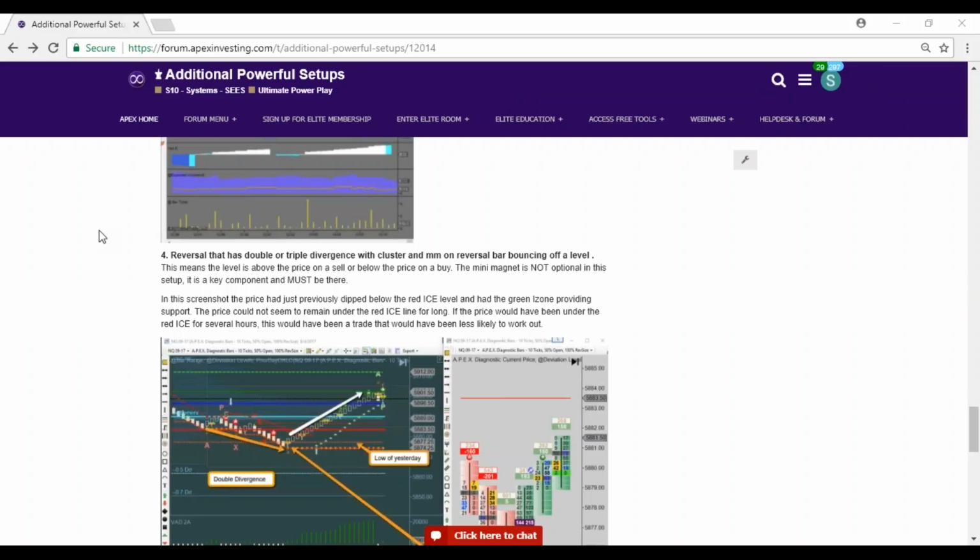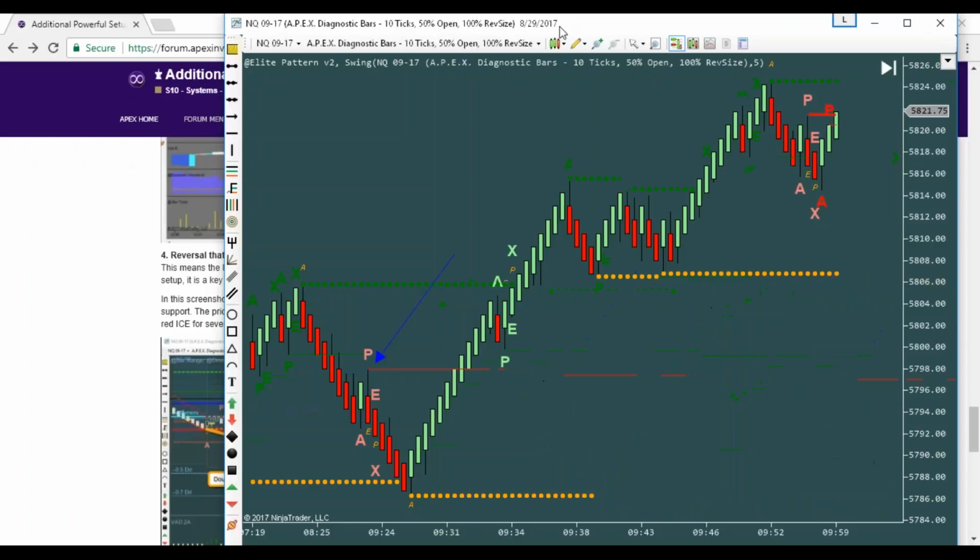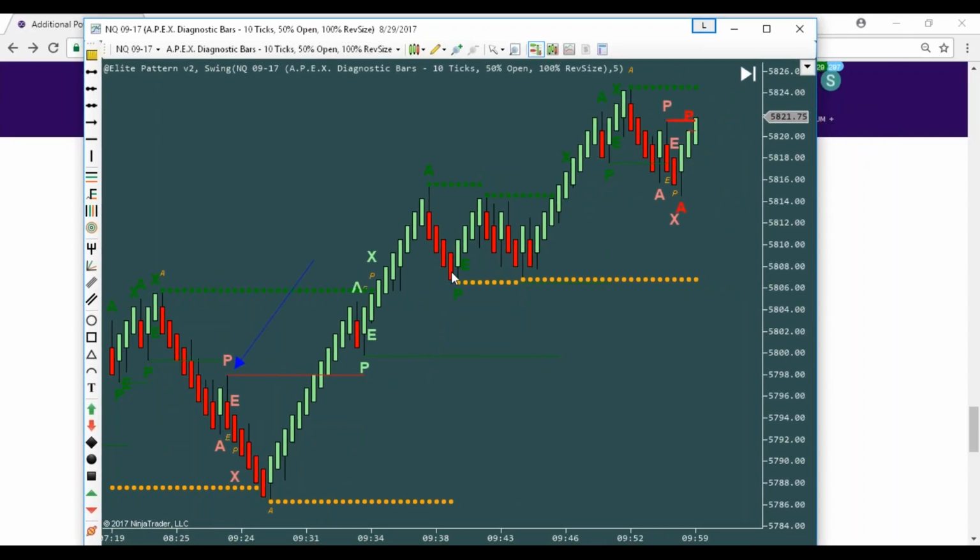David, are the dotted lines stronger? The dotted lines overall are probably your stronger swing levels, yes. Doesn't mean you can't pay attention to these other levels, though. But yes, the dotted line ones are your stronger levels. Notice here, there was a P here, so it made a line.